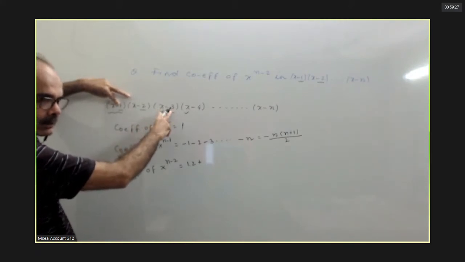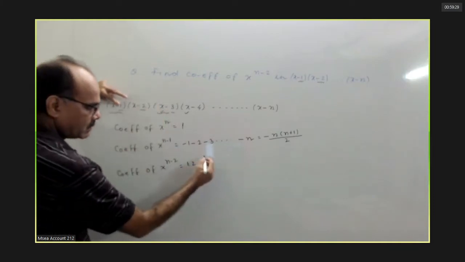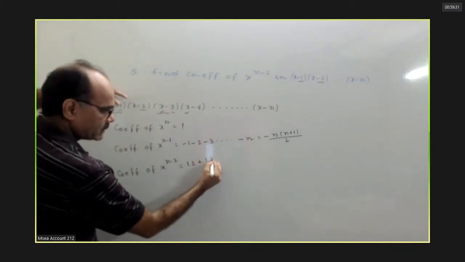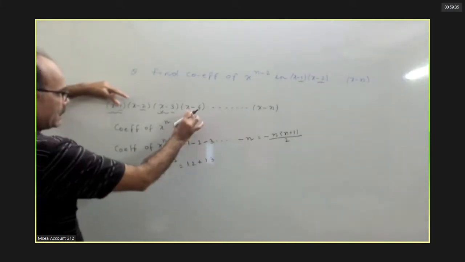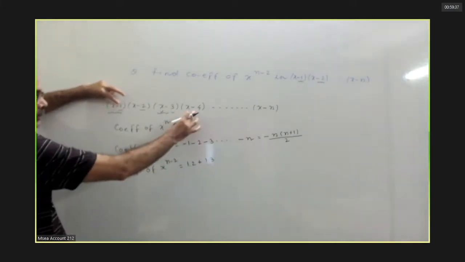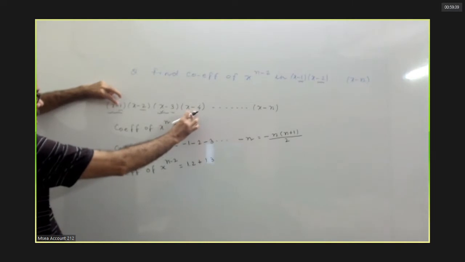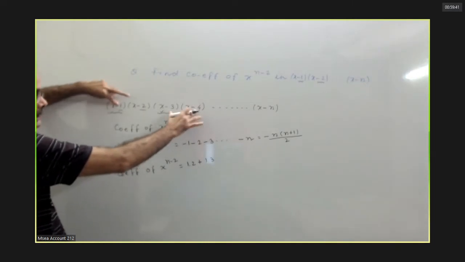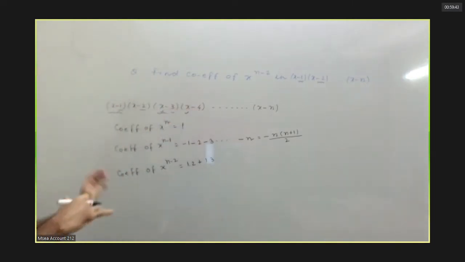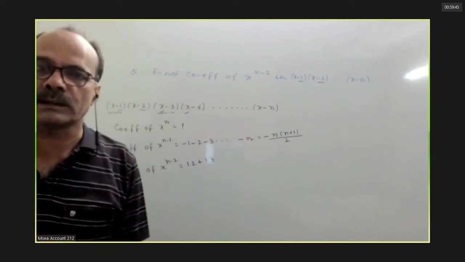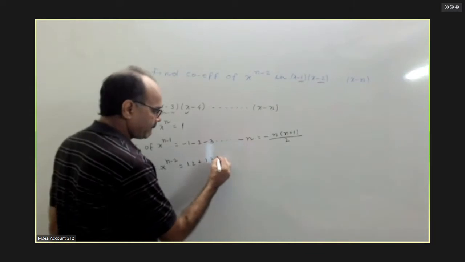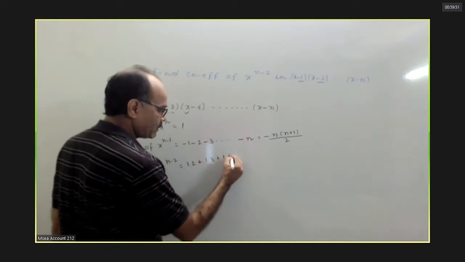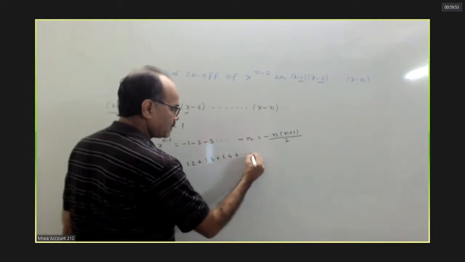Getting it or not? 1 into 3. Basically, it is -1 into -2, -1 into -3. Next, first factor and fourth factor, multiply with constants, -1 into -4, and the remaining n minus 2 factors, x into x into x, x to the power n minus 2. So it will be 1 into 4 plus.